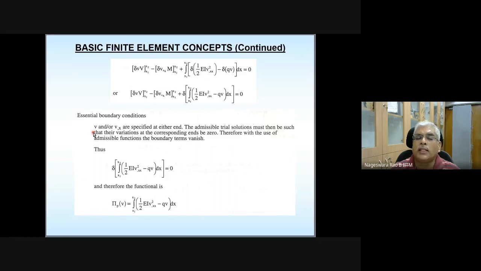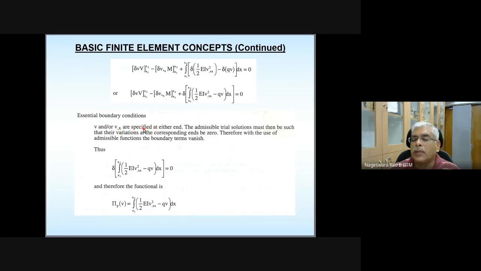So that is what is written here. V and derivative of V with respect to x are specified at either end. That is a particular case, and once you understand the procedure, you can relax this.